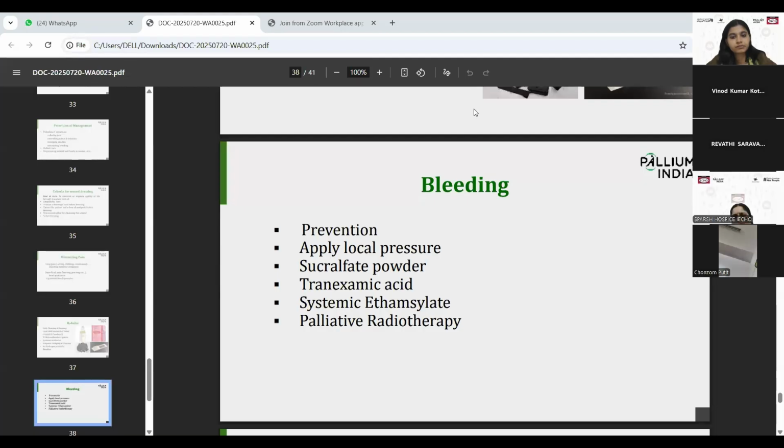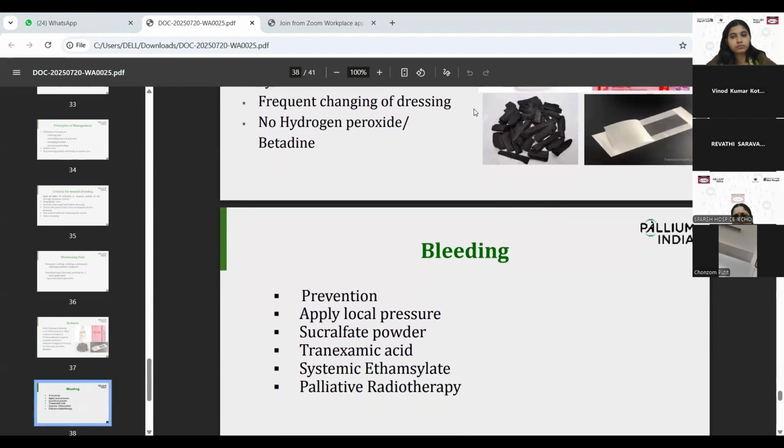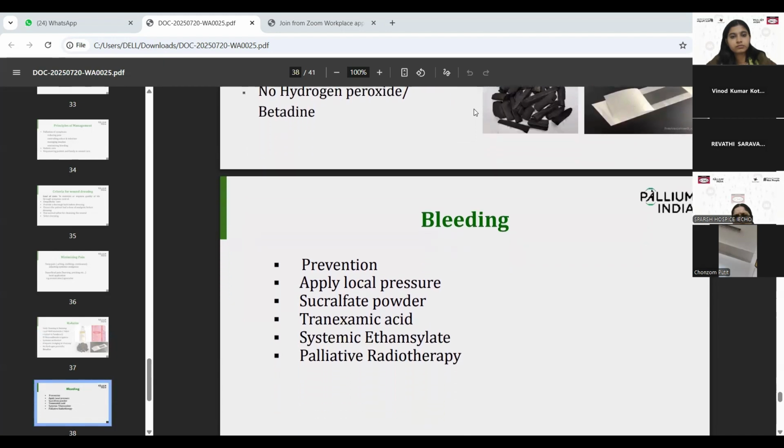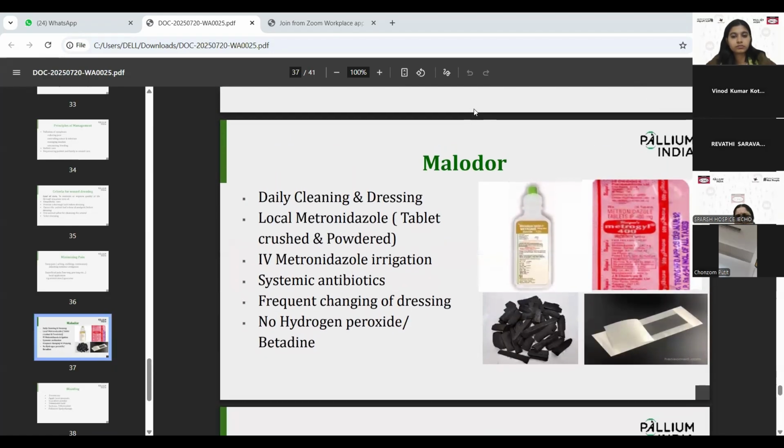The patient is having dressing, you will do every day. But if the patient is having more malodor, what will you do? Applying the pressure. What, sir?